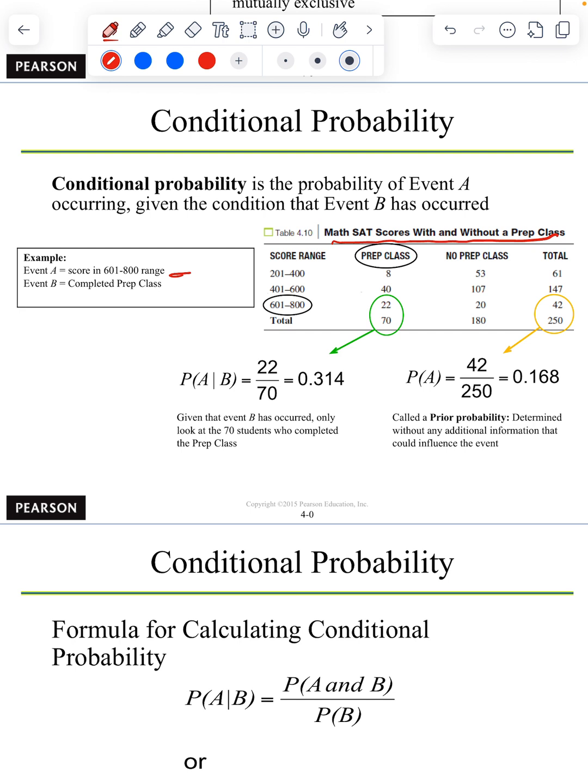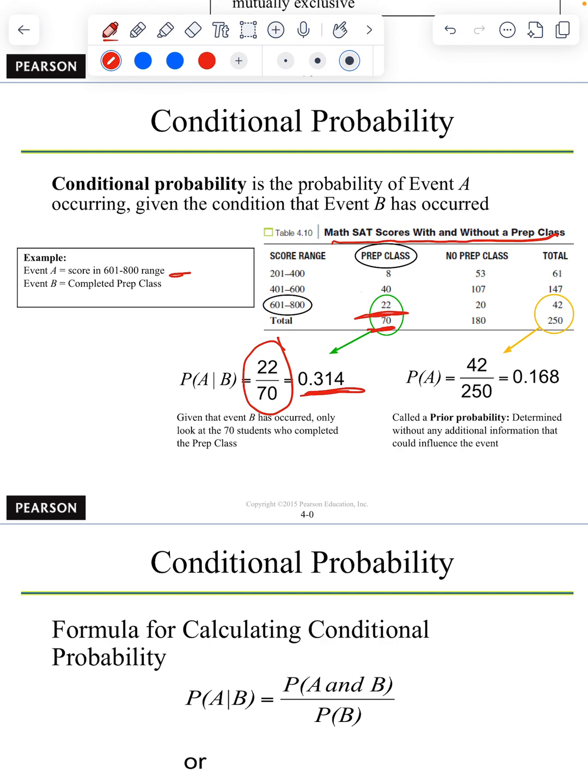I'm looking to know how many fall in that 600 to 800 range with the prep class. I had 22 that took my prep class and fell in that 600 to 800 range. So 22 over 70, because I had 70 total that had taken the prep class and took the SAT, and that would be 0.314.